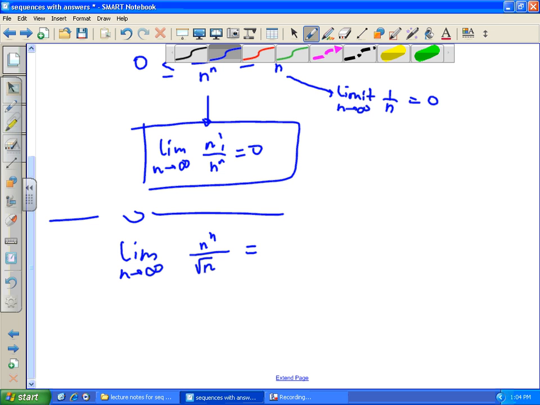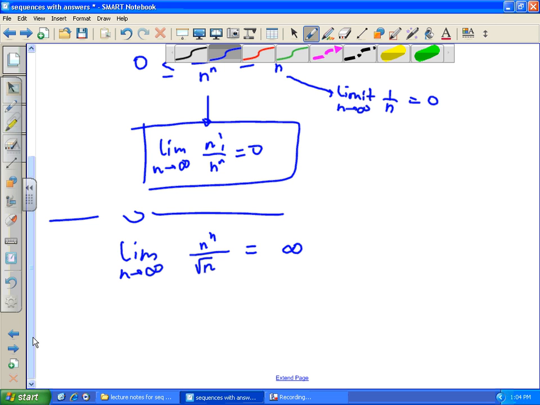N to the n is all the way on the right-hand side. So the ratio of n to the n over root n is going to be infinite. The top grows much faster than the bottom. And pretty much anytime you see n to the n on the top, unless on the bottom you have things of the form like n to the 2n or something like that, in your most typical functions on the bottom and n to the n on the top, the limit is going to end up being infinity, basically.